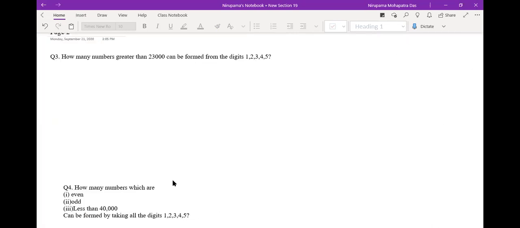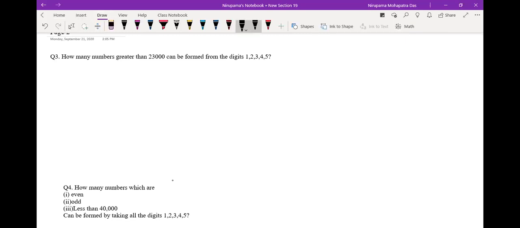Okay, now read the next question. How many numbers greater than 23,000 can be formed from the digits 1, 2, 3, 4, 5? Okay, so how many numbers greater than 23,000? So understand the question like this. 23,000 is a 5-digit number, right?